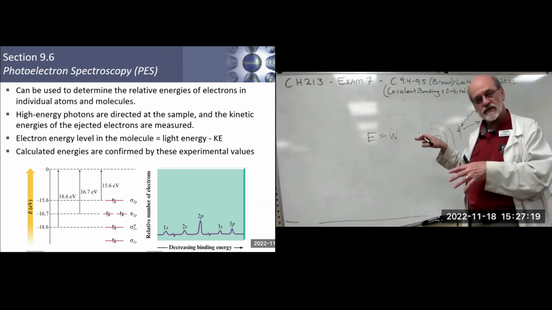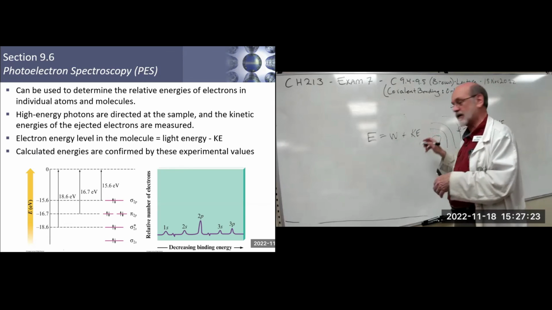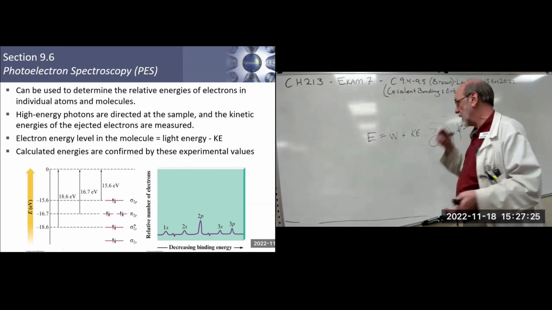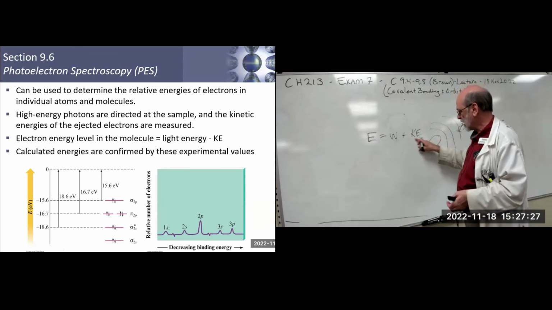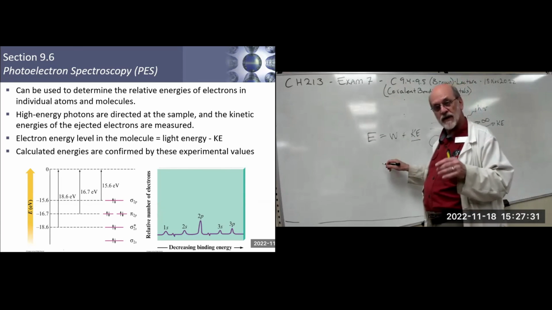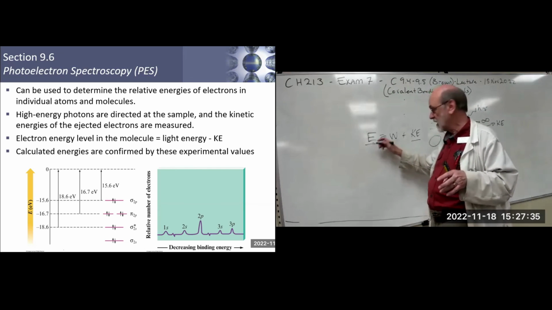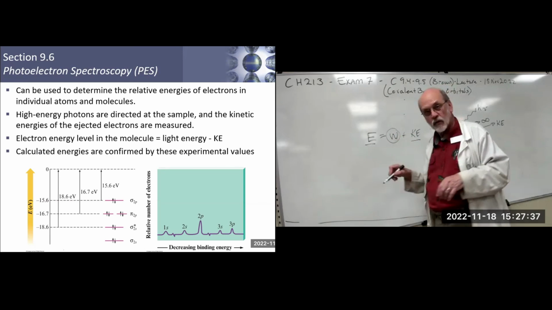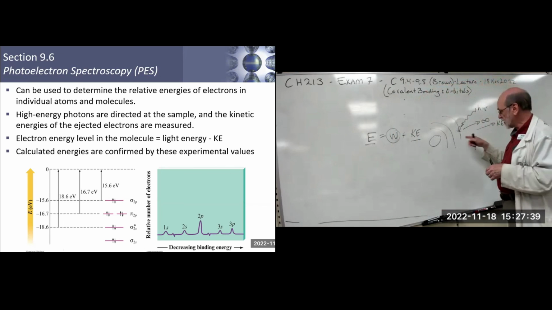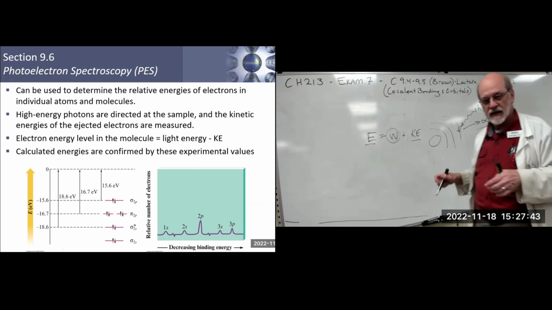So a certain amount of energy is required, and then the rest of it is translated into kinetic energy. Okay? So if we measure the kinetic energy, and we know, based upon the frequency of the light that we use, that value, we can calculate the work function. And the work function tells us where that electron is located in terms of energy.